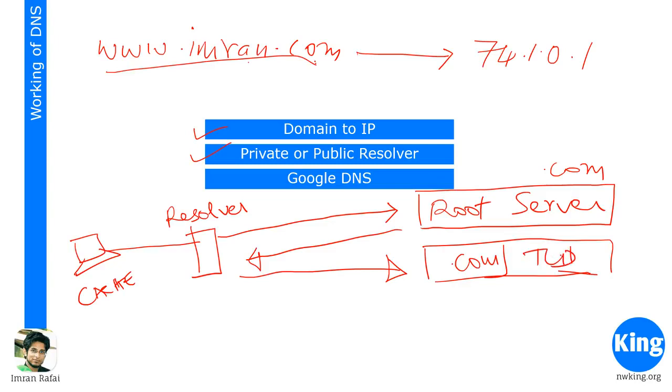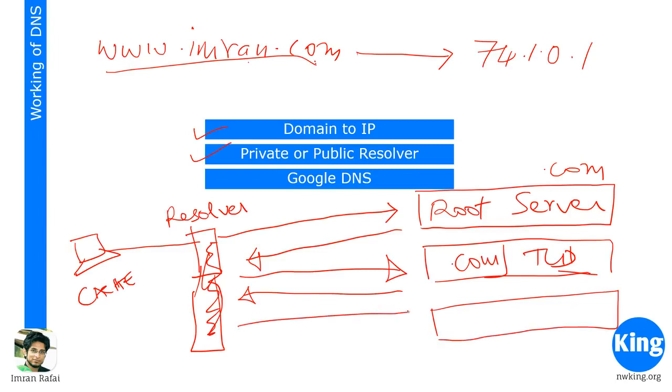So this says, I don't know where imran.com is, but I know the authoritative name server for imran.com, and it would send that back. Then the resolver sends that request to the authoritative name server. So this is the authoritative name server.